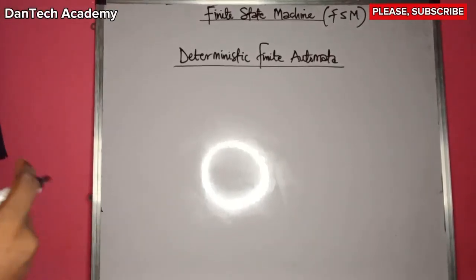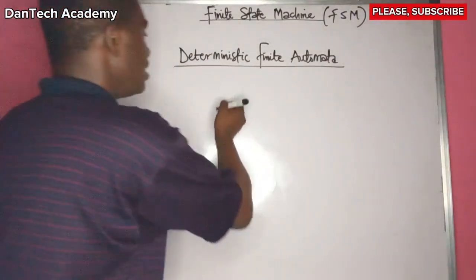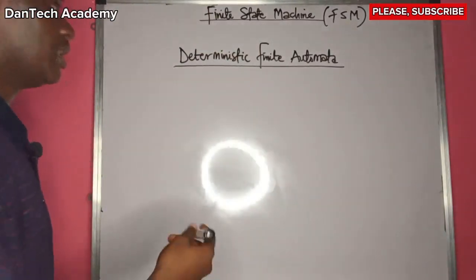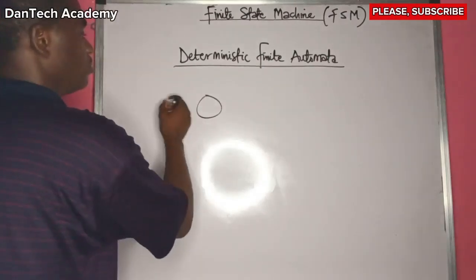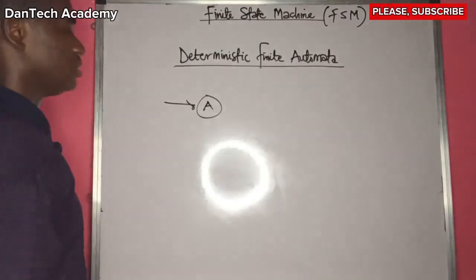So we want to go deep into deterministic finite automata. What I mean by deterministic finite automata simply means that this is an automata where the next stage, the next phase, is determined by a particular input. Let's say, for an example, we have the first input, right? First input entering the first state.